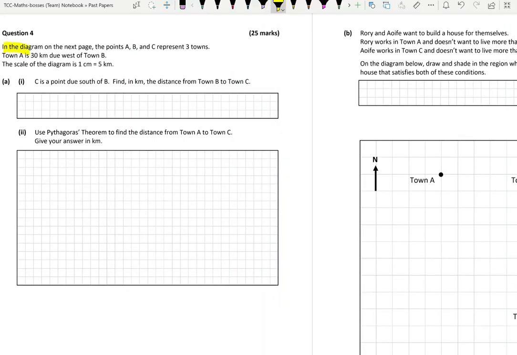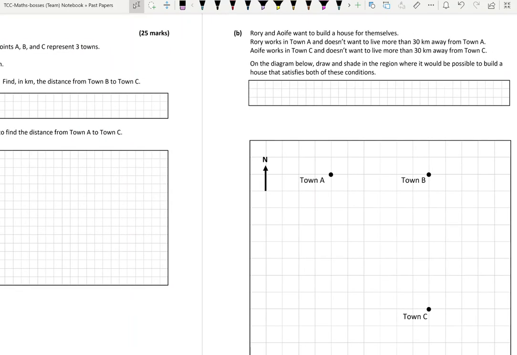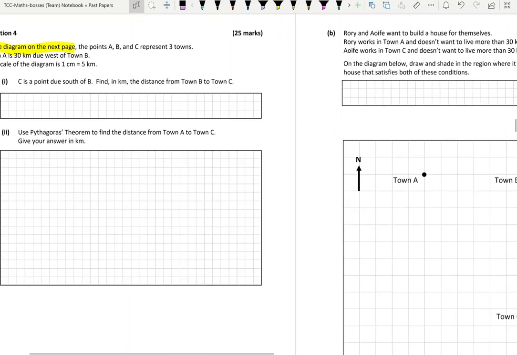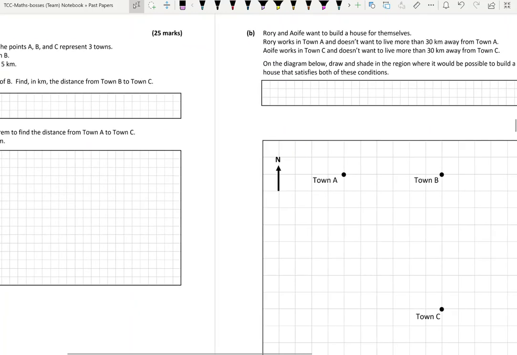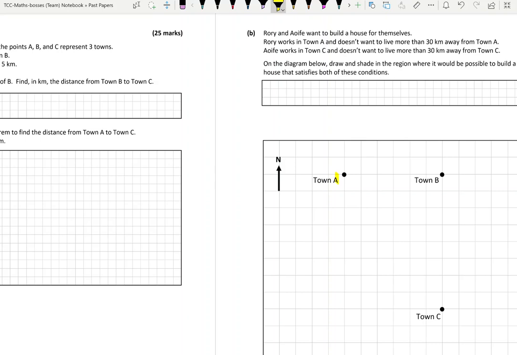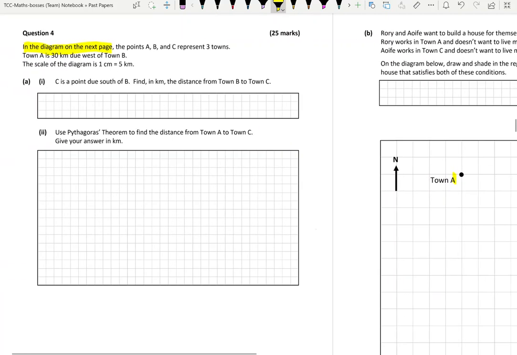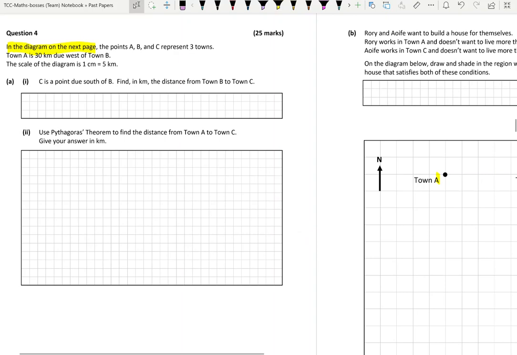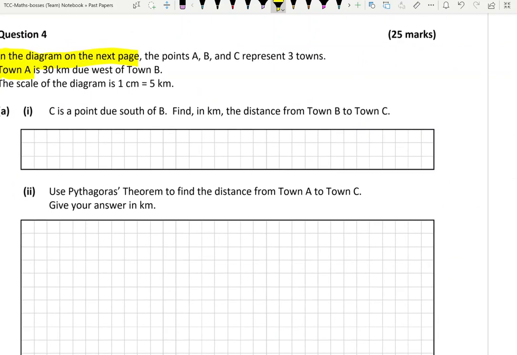In the diagram on the next page, that's this diagram here on the right, the points A, B, and C represent 3 towns: Town A, Town B, and Town C. Now this tells us that Town A is 30 kilometers due west.